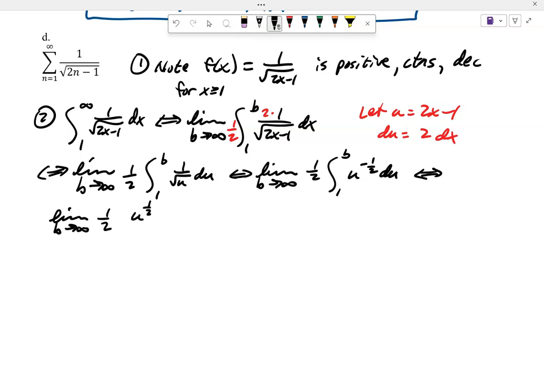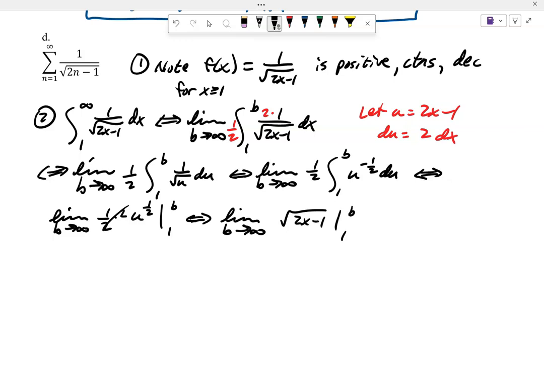So that'll be u to the 1/2 all over 1/2, so times 2. Notice those cancel, so we have the limit as b goes to infinity of u to the 1/2, or the square root of u. Well, remember u is 2x minus 1.